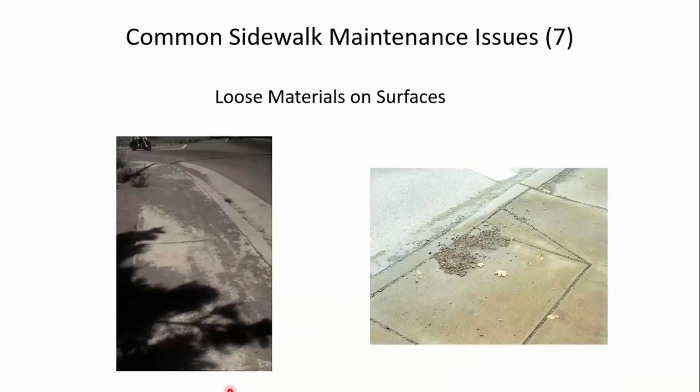Both of these are probably due to anti-skid material that the agency was applying to the road in the wintertime for their snow fighting operations, but you can see that makes its way to the sidewalk, and especially on a grade or on a slope, those loose materials can really affect the stability of someone walking on those surfaces.